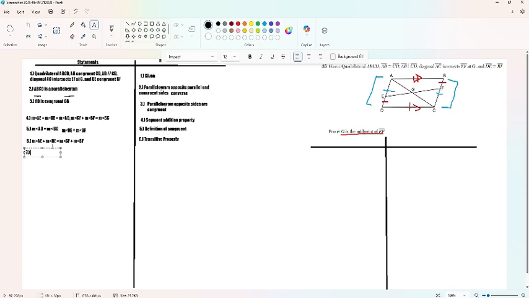Now we know that these two are congruent. Let me mark this out. These two are congruent to each other, and these two are congruent to each other, right? So CF. Now we can use the subtraction property.